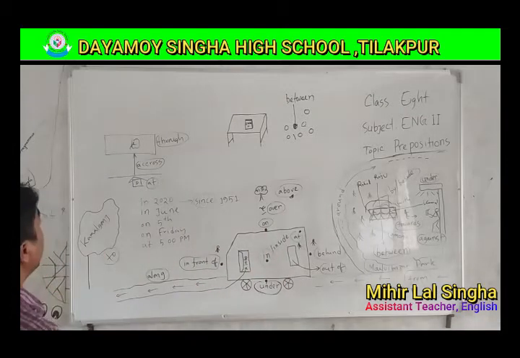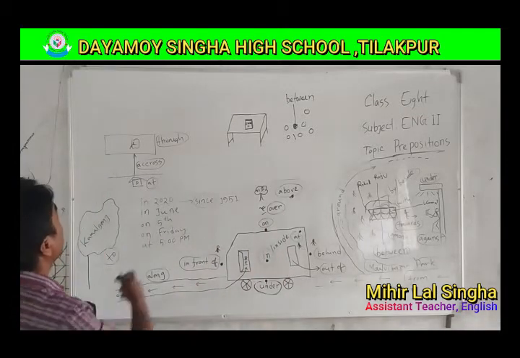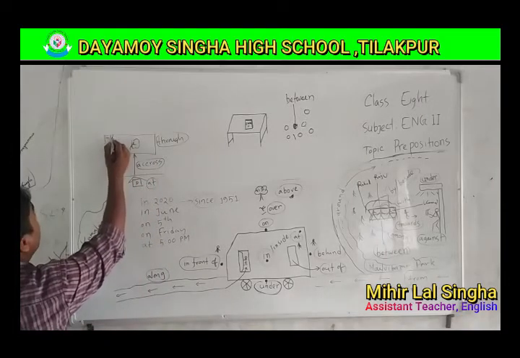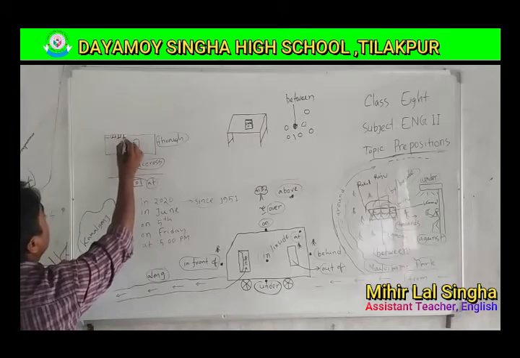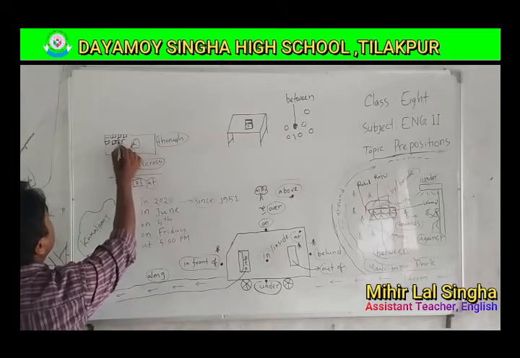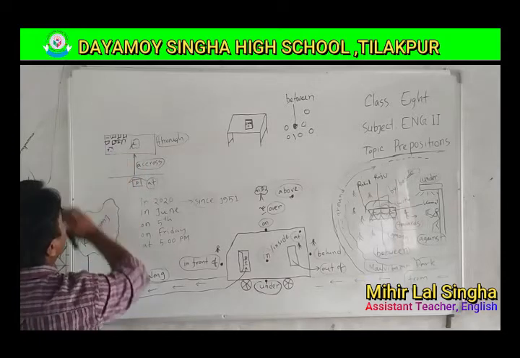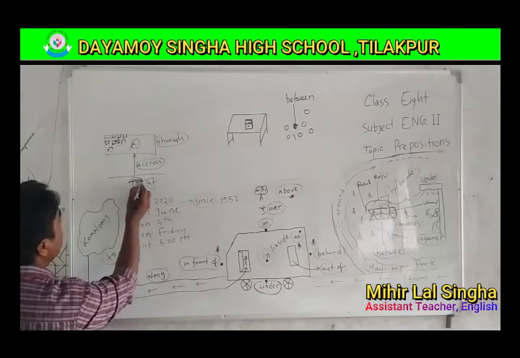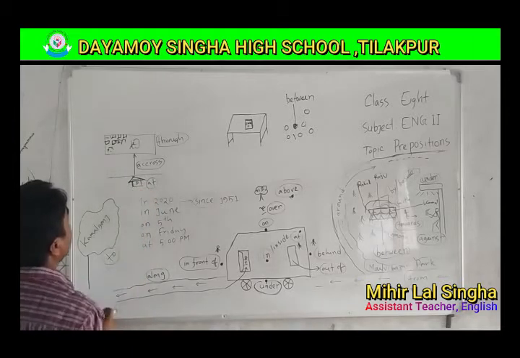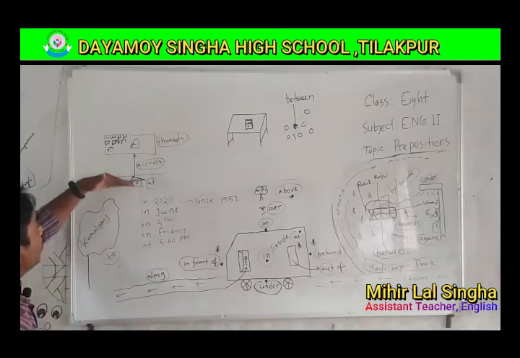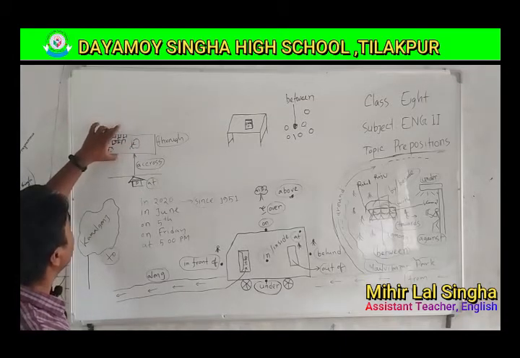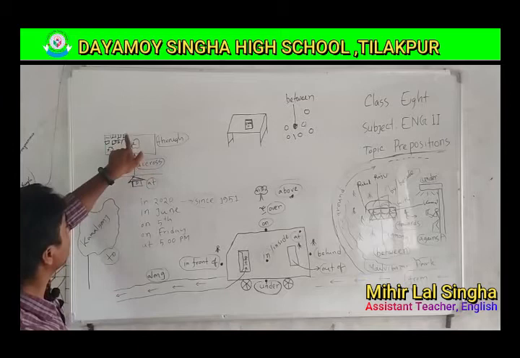Now, see the picture. Imagine this is a wall. This is a wall, and suppose this is a house, and opposite to that, this is a wall, and there is a hole.